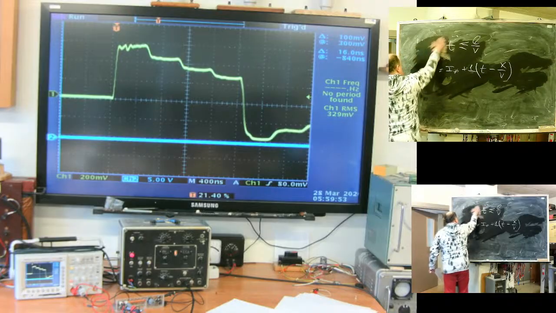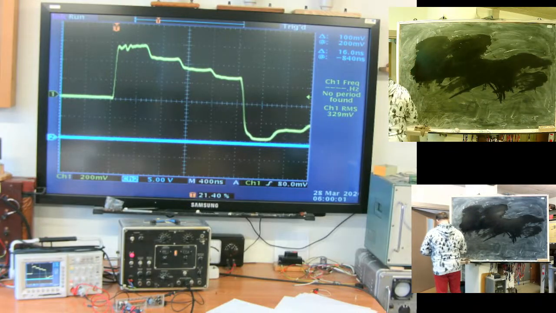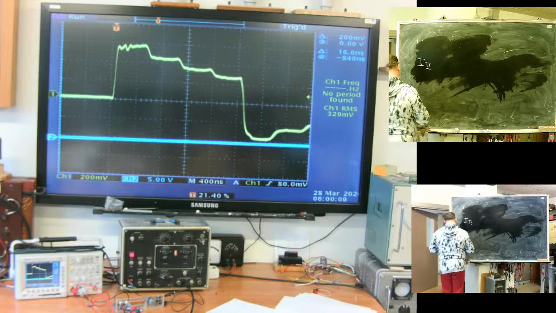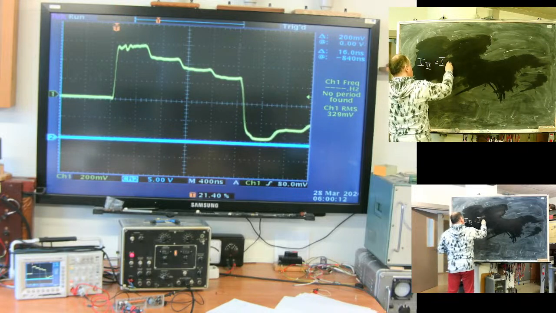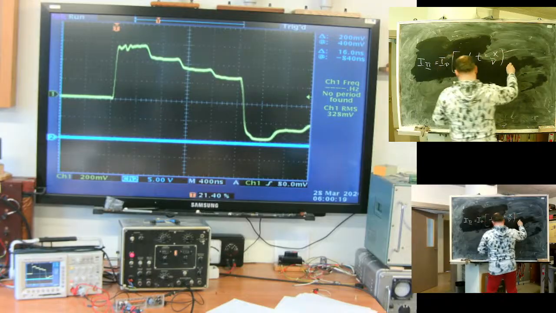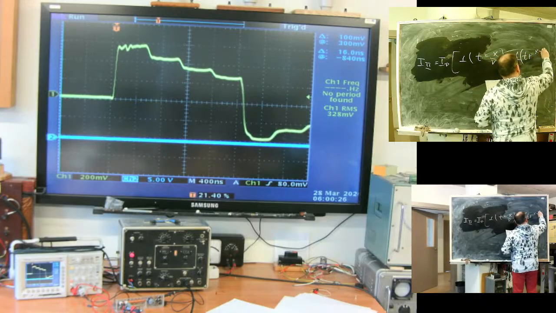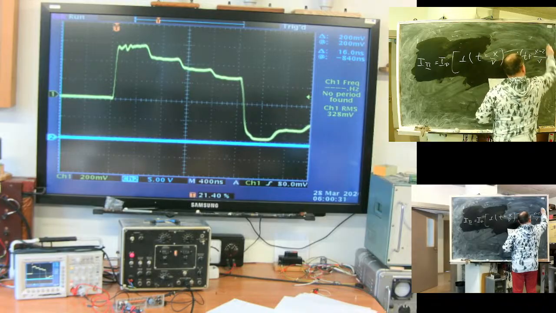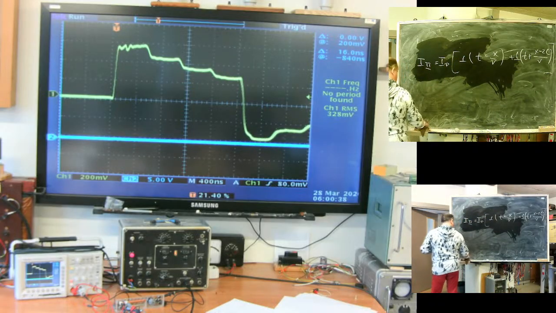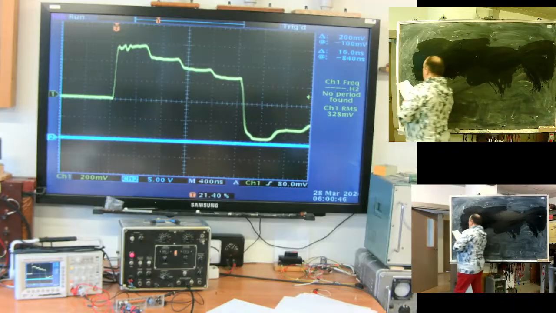For the second period, we will see E0 multiplied by 1 of t minus x divided by V plus 1 of t plus x minus double A divided by V. It's the first reflection from the receiving end.